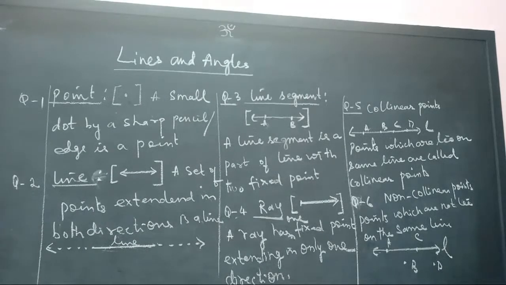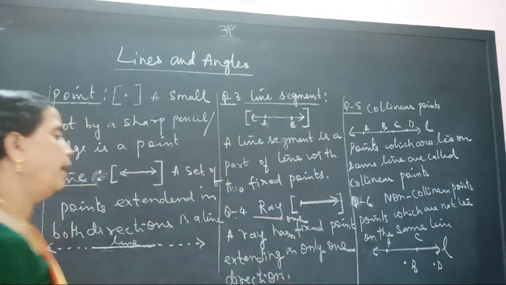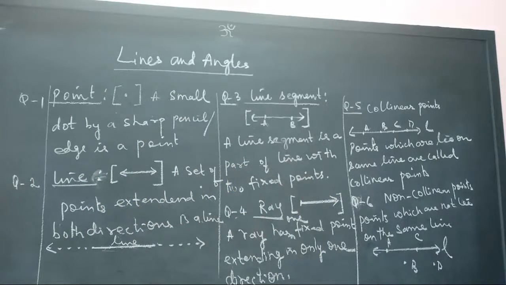A set of points extended in both directions is a line. A line segment is a part of a line with two fixed points. A ray has one fixed point extending in only one direction.